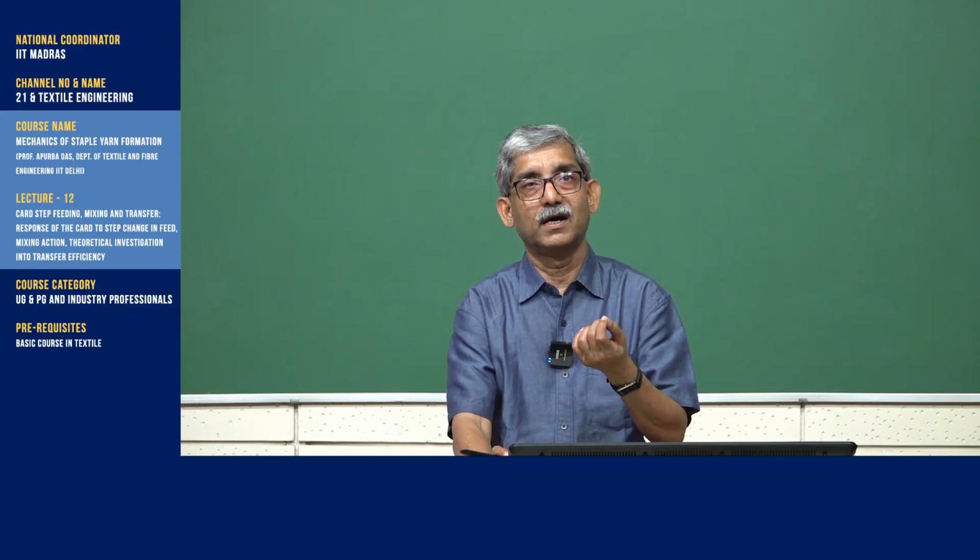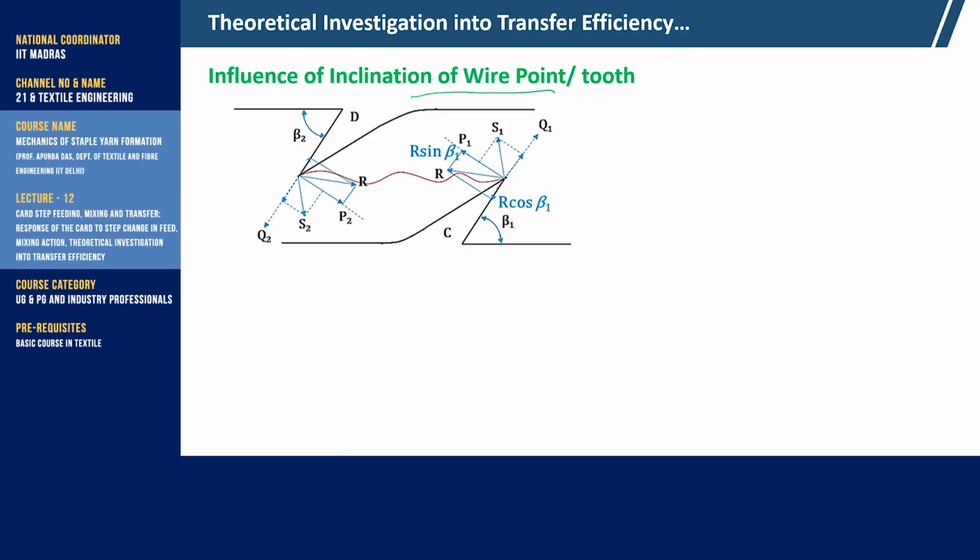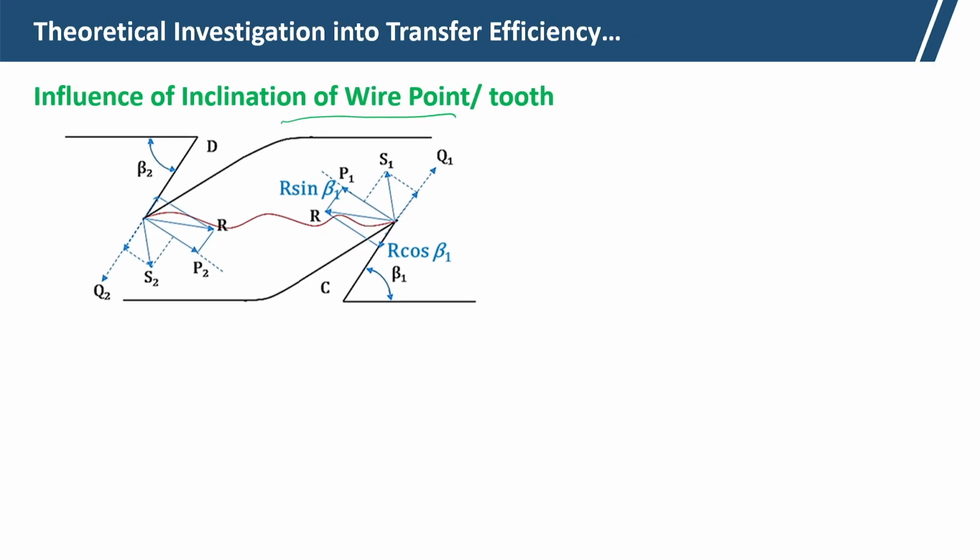This is the diagram which shows the wear point inclination. Here beta 1 is the wear point inclination of the cylinder and beta 2 the wear point inclination of the doffer.